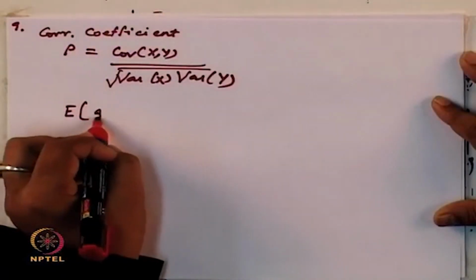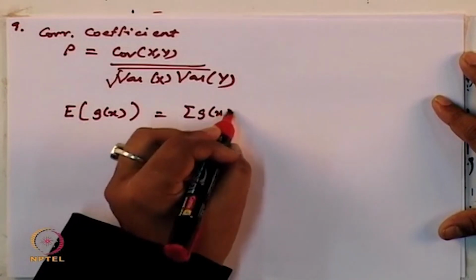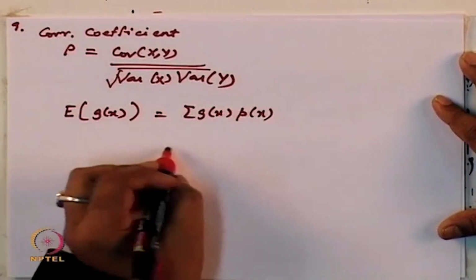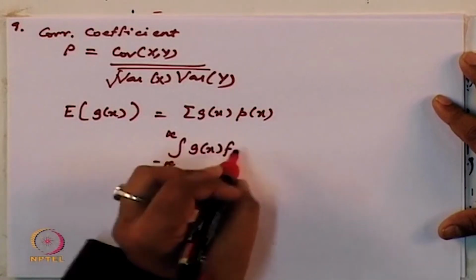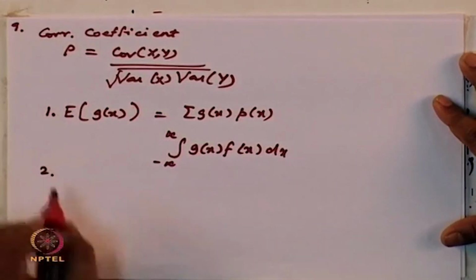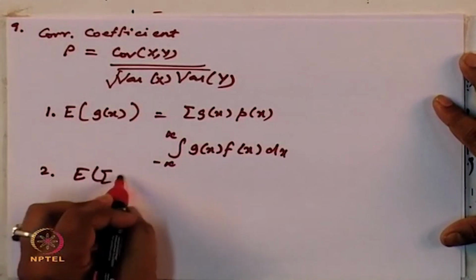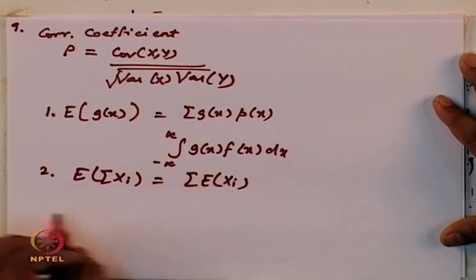So, two important things to take away from this class: you use this general expression E of g(x) is nothing but summation g(x) p(x), or integral g(x) f(x) dx. This is one thing to remember. You can write E of summation xi as summation E of xi. Okay.